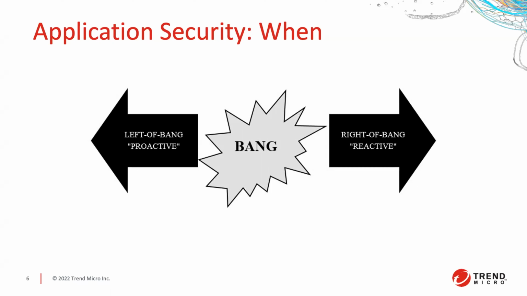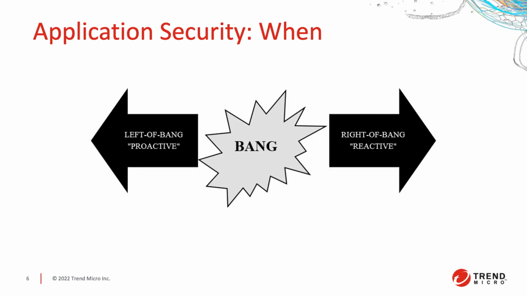With DevOps now, we have more opportunity to move what is called left of bang. We can take actions and measures to make sure that that explosion, that attack, never actually occurs. And also, when you think about applying this to DevOps, bang is really deployment.